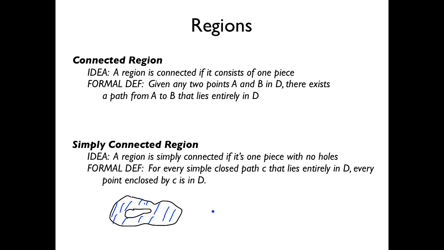Yes. It's one piece. Is it simply connected? No, it's got a hole, right? So a simply connected region would just be a full blob of points. No holes, one piece. That's a simply connected region.